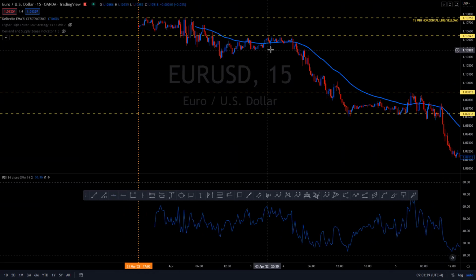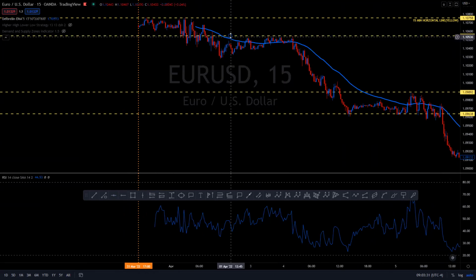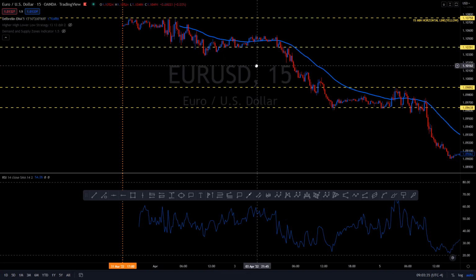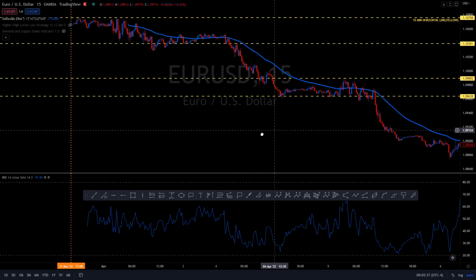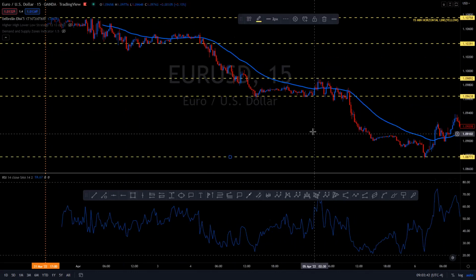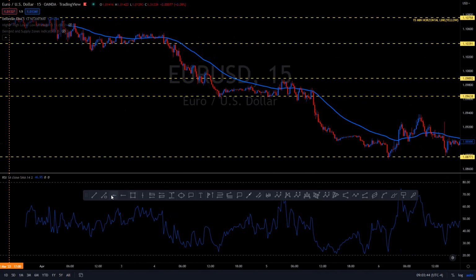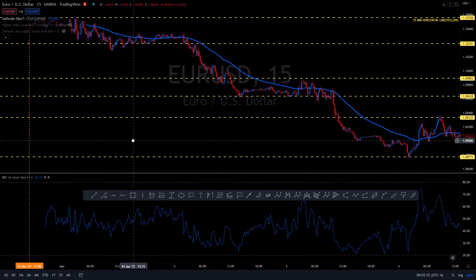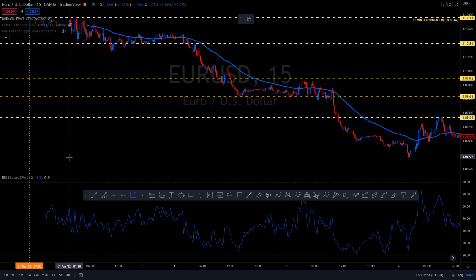Actually, I might move this like here. And then eventually price went all the way down to here. So this is a good, strong demand zone. Good supply up in this area. Now what we're going to do is just draw our zones in these areas.